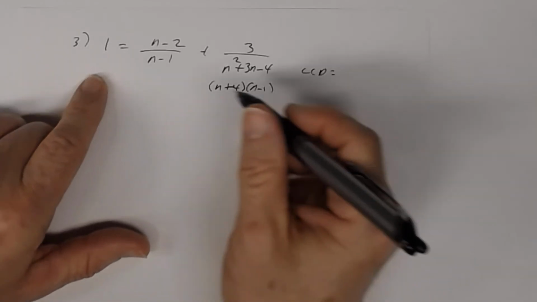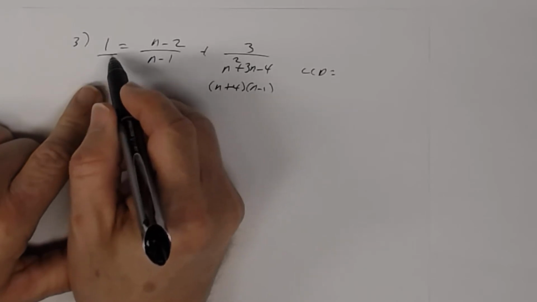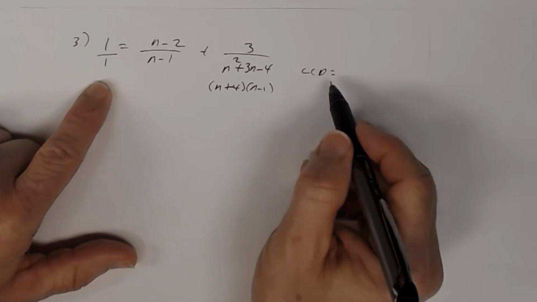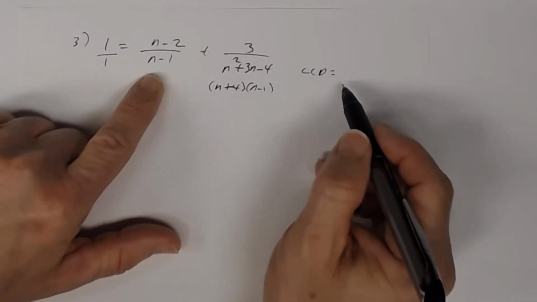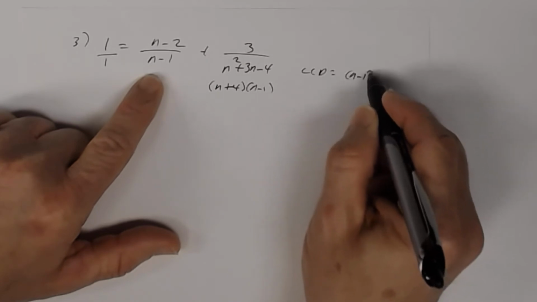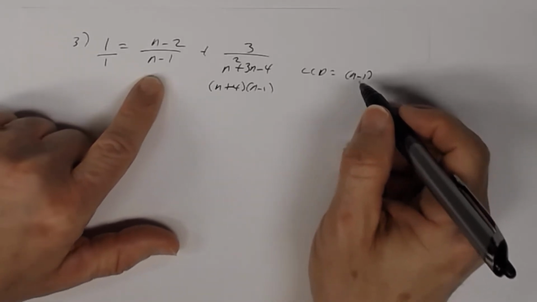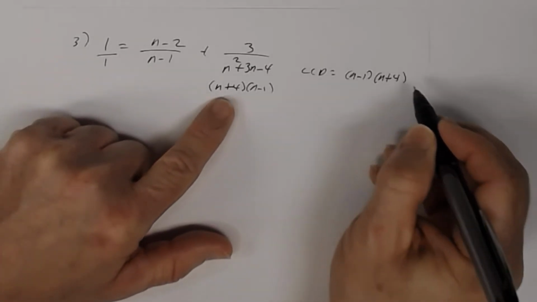So in the first one, I'm going to visualize this here. That's 1 over 1, right? So my factor here is 1. 1's going to be a factor of every least common denominator, so I'm not going to put it. Now in n minus 1, I'm going to use that as a factor of my least common denominator, and notice I put that in parentheses. The next factor is n plus 4, I have to use it.